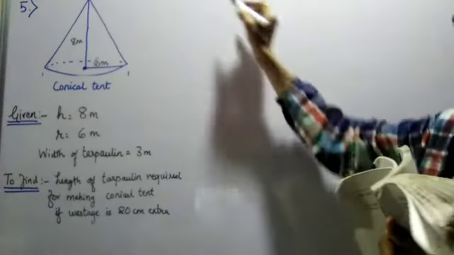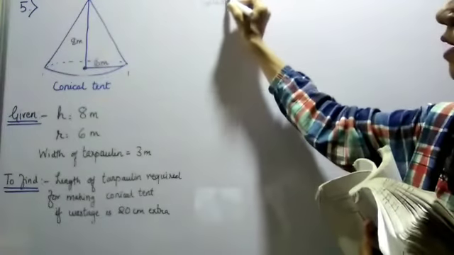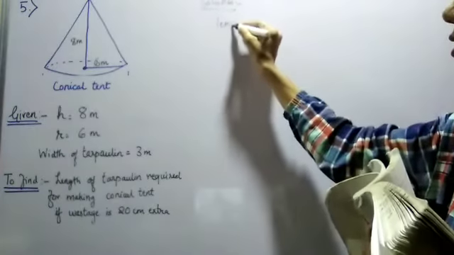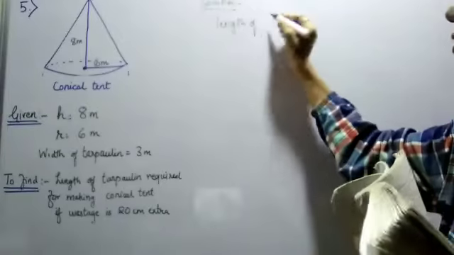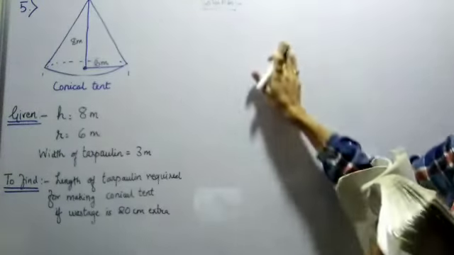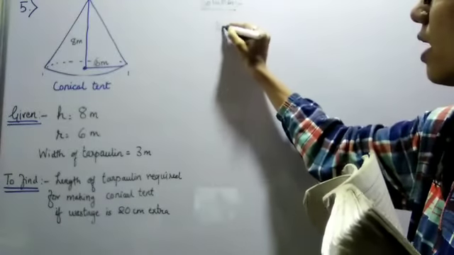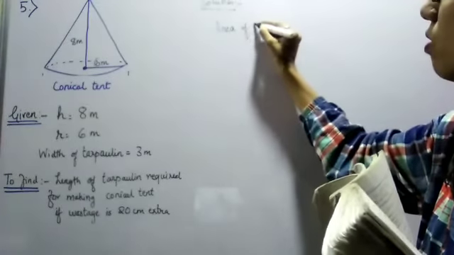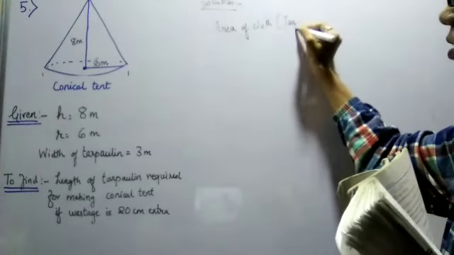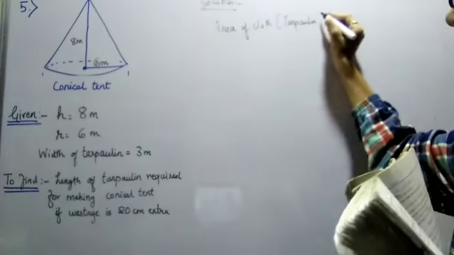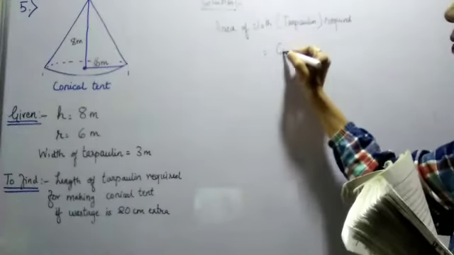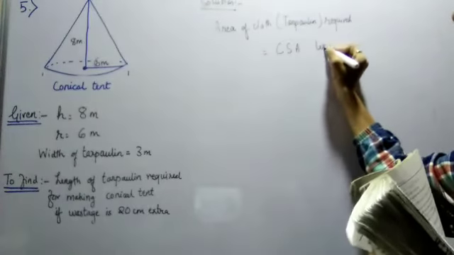So here, it is very clear that, rather than length, I will say the area of cloth, that is the tarpaulin, required is equal to the curved surface area of the tent.